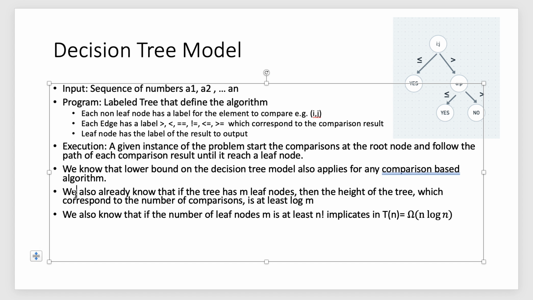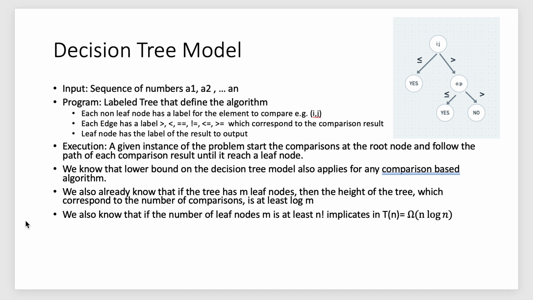We also already know that if the tree has m leaf nodes, then the height of the tree, which corresponds to the number of comparisons, is at least log m.